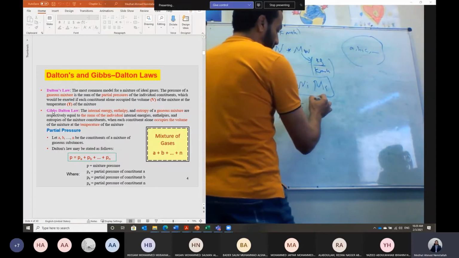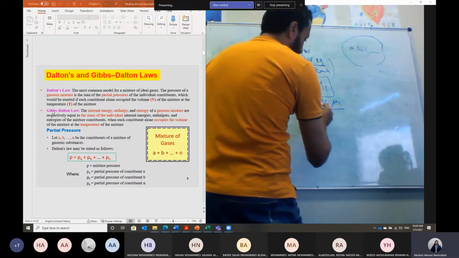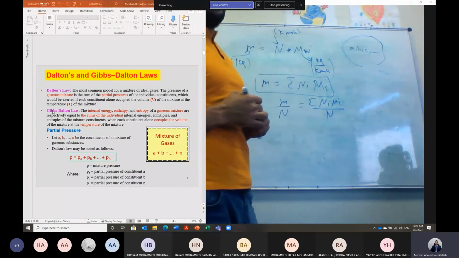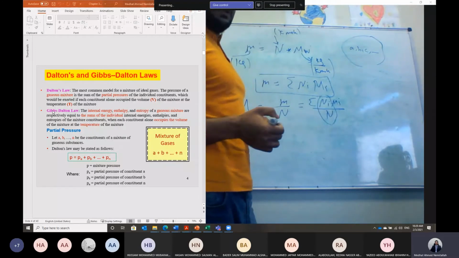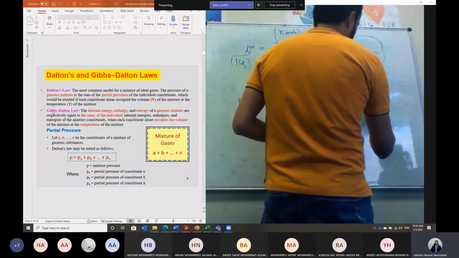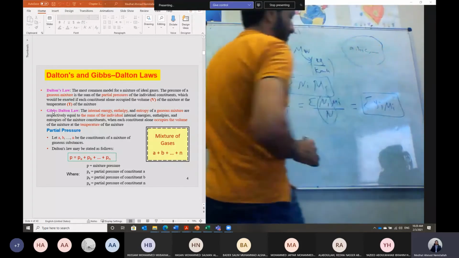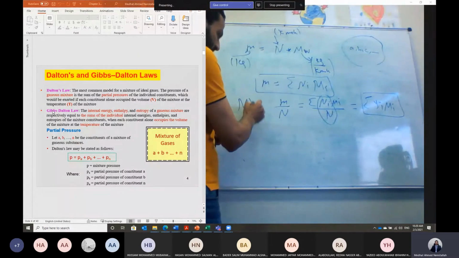And mass is equal to the summation of Ni multiplied by the molecular weight for each component, divided by the total number of moles. But here, Ni divided by total number of moles is the mole fraction Yi. That means the molecular weight of the gas mixture will equal the summation of the mole fraction multiplied by the molecular weight of each component. So this is for the mixture.